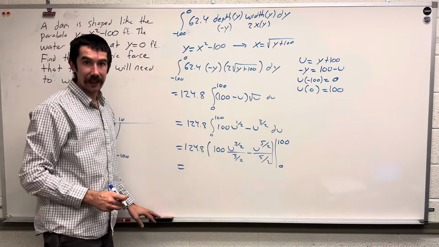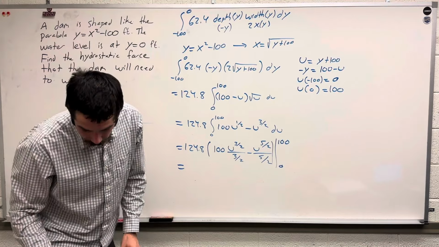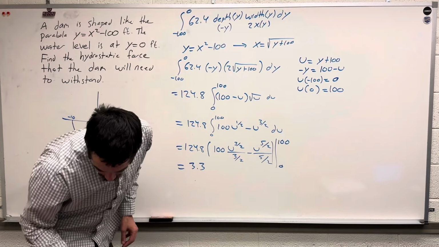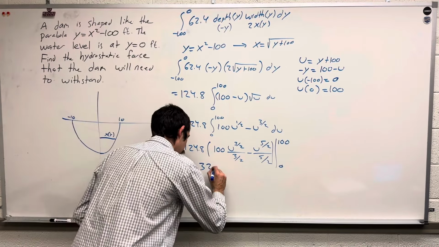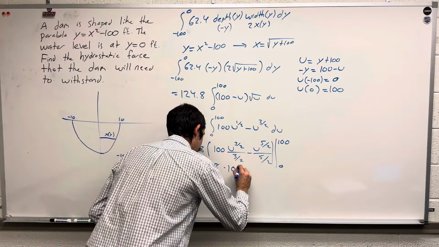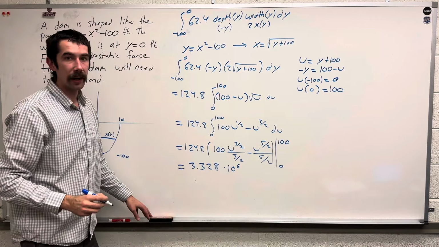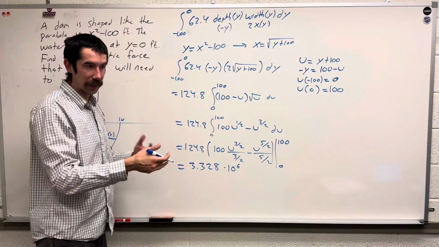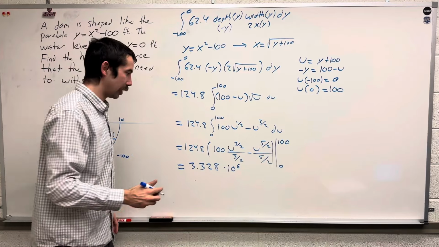And when you do that, you get a value of 3.328 times 10 to the 6th, and our units is going to be pounds. Since we started with feet, the imperial units for force is pounds.